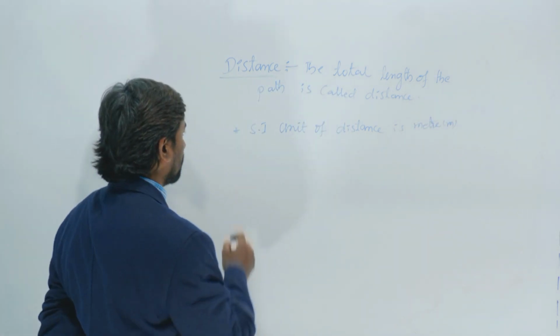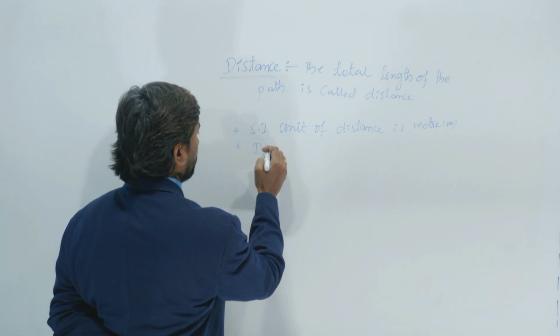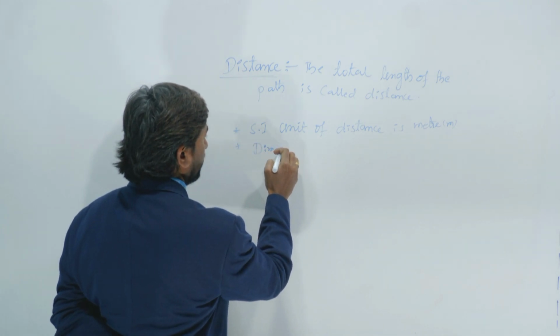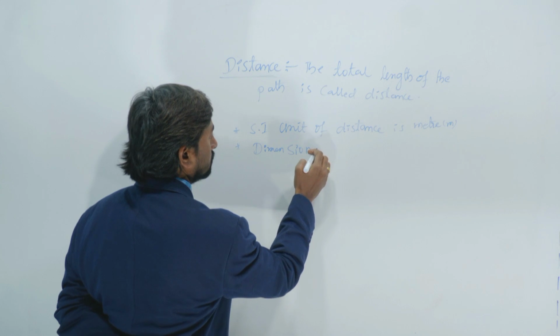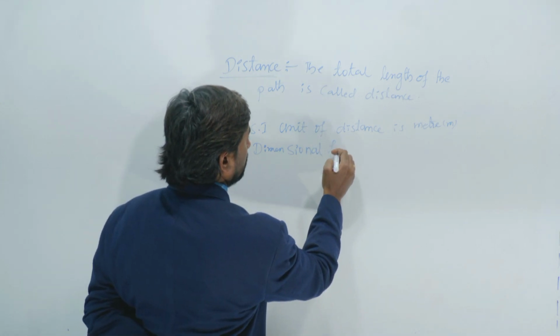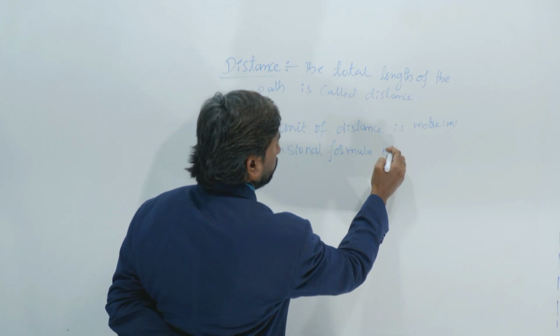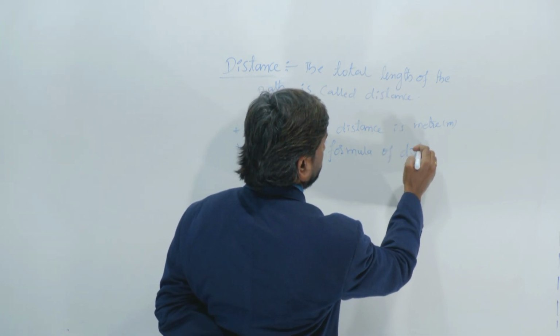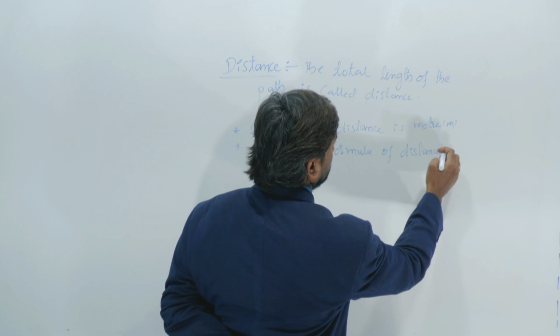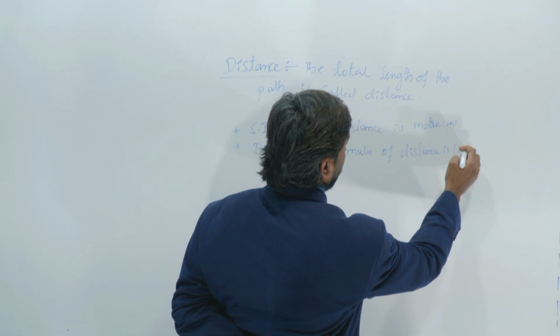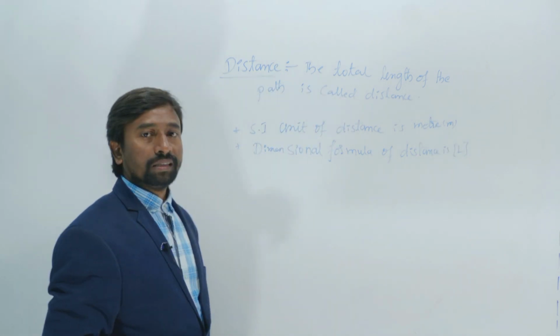So now the dimensional formula. The dimensional formula of distance is L.